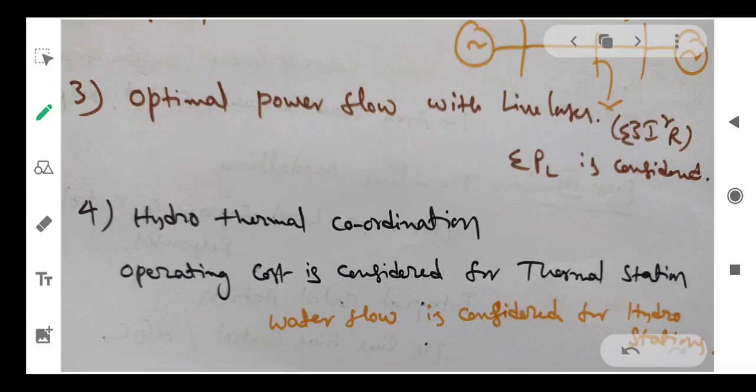The fourth one, hydrothermal coordination, in which all thermal units are considered with the operating cost and all hydro units can be considered with the water discharge and head availability, which is equivalent to the operating cost of a thermal power plant. So both can be considered to obtain the coordination equation for optimal operation of hydrothermal scheduling.